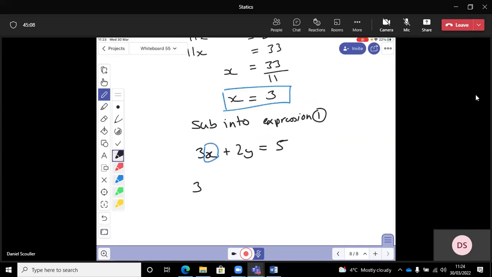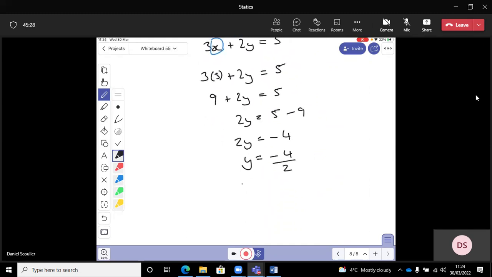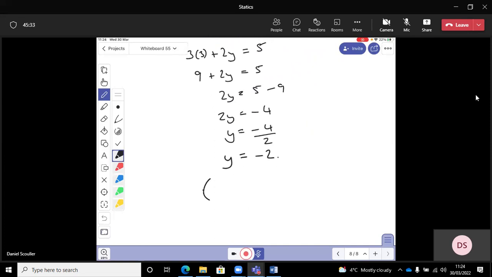So we've got 3 multiplied by 3 plus 2y is equal to 5. 9 plus 2y is equal to 5. 2y is equal to 5 minus 9. 2y is equal to minus 4. Minus 4 divided by 2, y is equal to minus 2. So your coordinate of where these lines intersect, where these lines meet, is when x is equal to 3 and y is equal to negative 2.